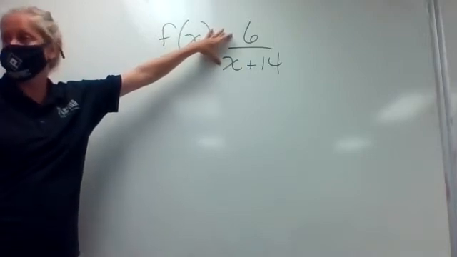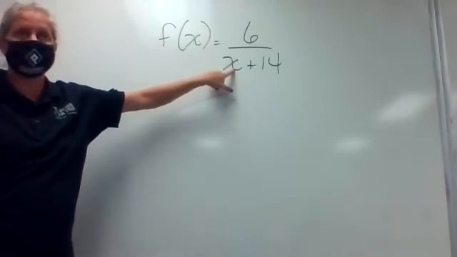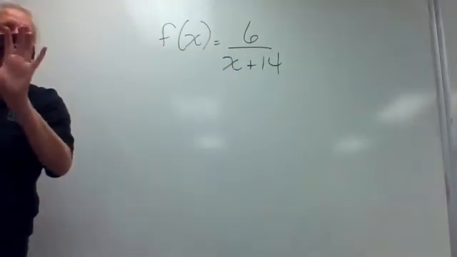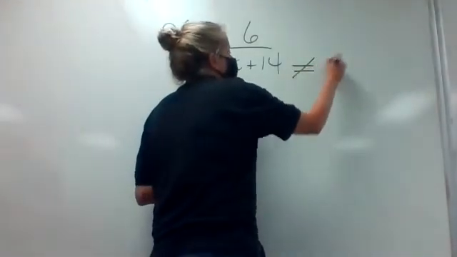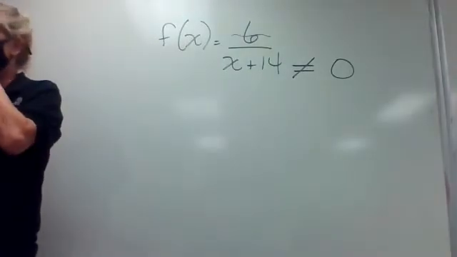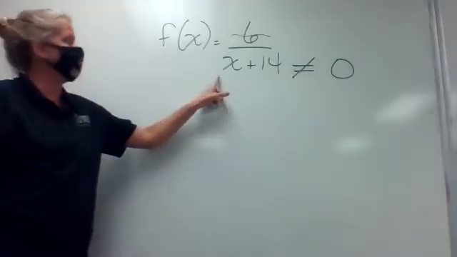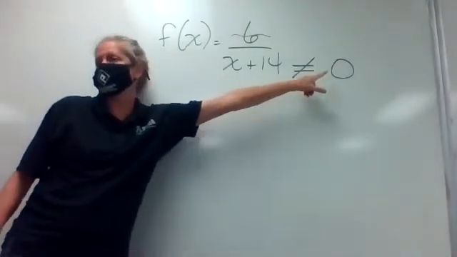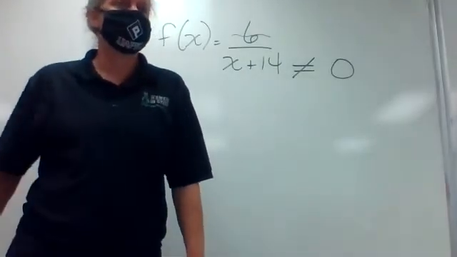It's called a rational function. There is an X in the denominator of this rational function. So I just need to make sure that X plus 14 does not equal 0. I don't care anything about the top. Top numerator can be anything it wants. But the denominator cannot equal 0, right? That's what we want to put a stop to.